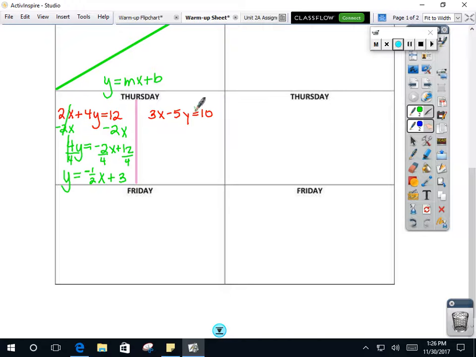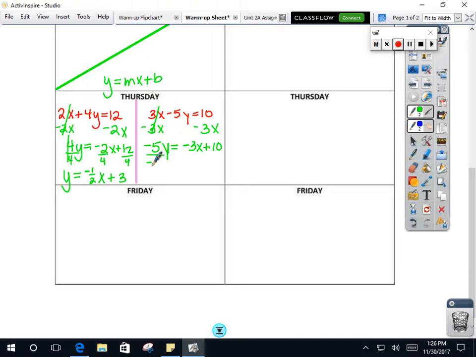Over here, what do we do? Subtract 3x. Those cancel, leaving negative 5y equals what? Right, negative 3x plus 10. Now what do I do?